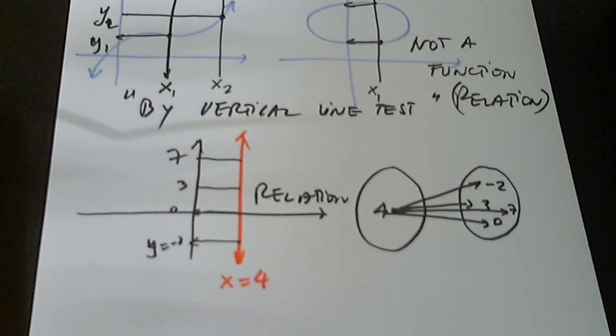One example, please. 61. 61 is a function. By the vertical line test, every vertical line will cross the graph of the function in only one point. The same thing with 63, the same thing with 64.